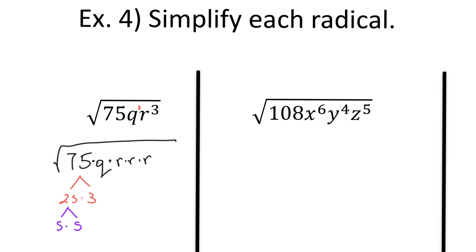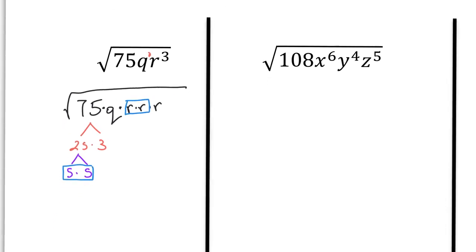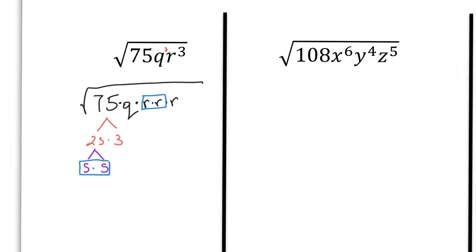So I know I have a pair of 5s right here. I'm looking at the q. That one doesn't have a pair, but I do have a pair of r's. This other r cannot have a pair because there's no other r to make a pair. Now you have your radical, and you put the pairs outside. I have a pair of 5s, so I put the 5.